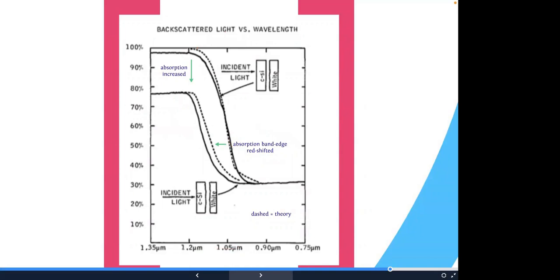The band edge of silicon is important, which is about 1.1 and about here. So pushing it this way is a good thing because you're absorbing all those photons, which you would have otherwise lost. Here, keep in mind the wavelength is decreasing that way, but the energy is increasing that way, right? Remember, they're inversely proportional.